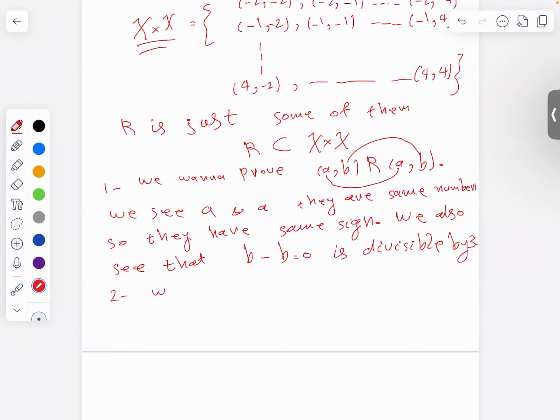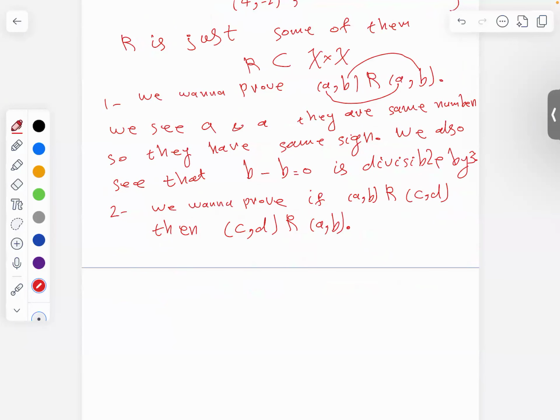Now we want to prove symmetry: if (A, B) is related to (C, D), then (C, D) is related to (A, B).